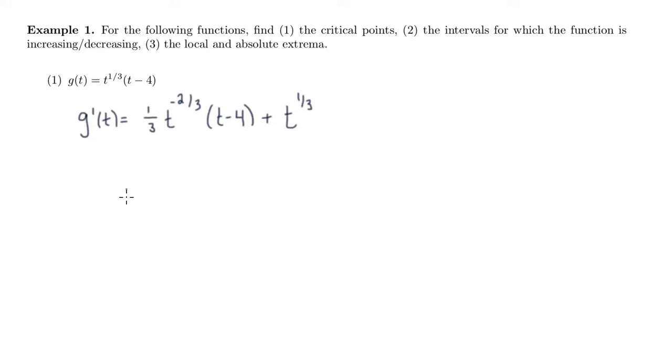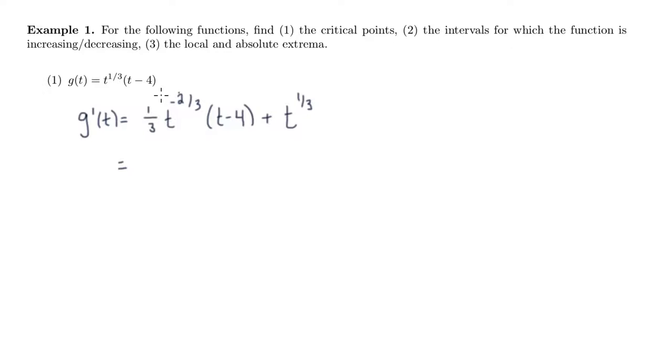But before I do that, I actually want to simplify this. Okay, so up till now, a lot of times we haven't been simplifying. But finding critical points after you take the derivative, you really want to set the derivative equal to 0 or see where the derivative is undefined. So in order to do that, we really want to simplify.